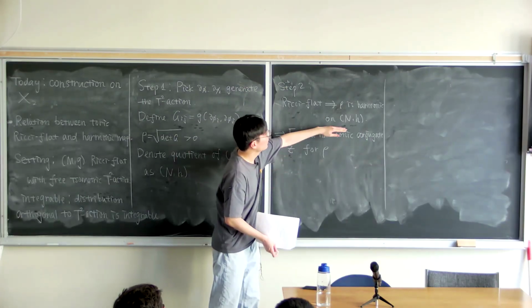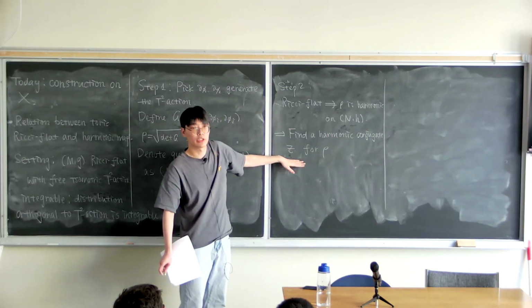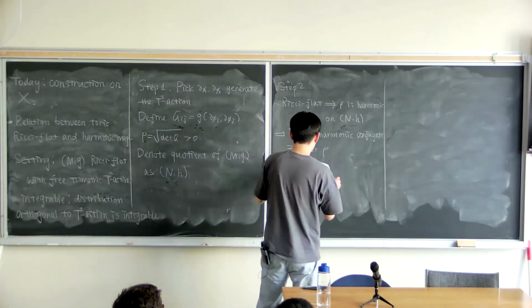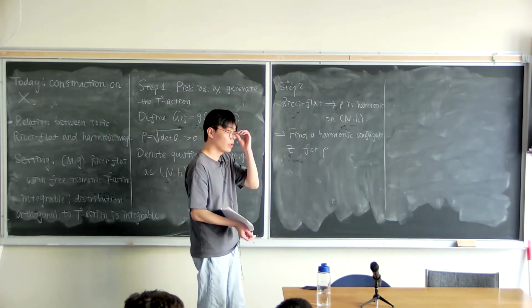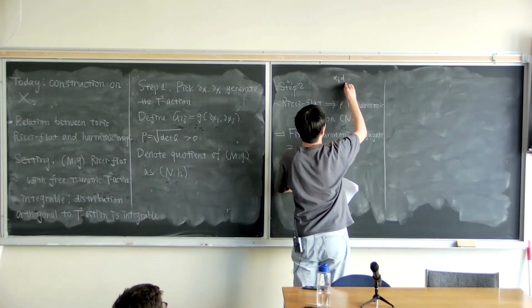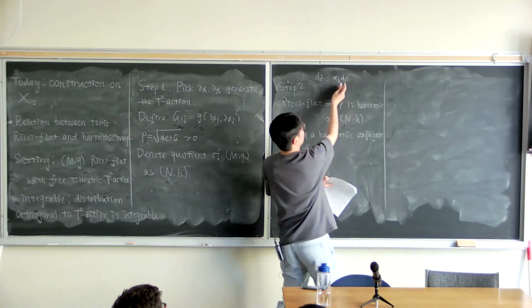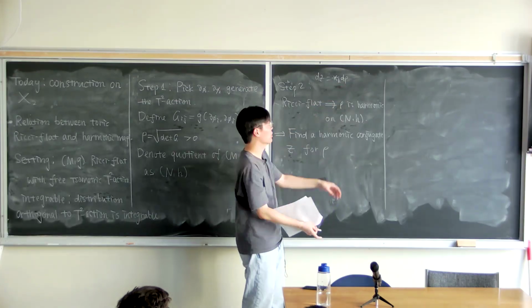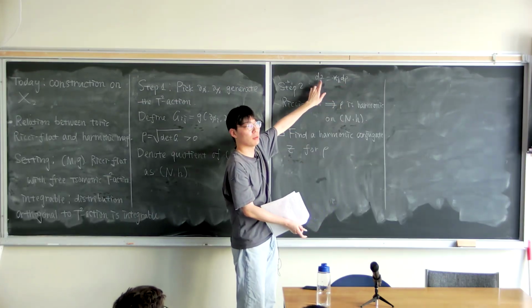If you put this rho and z together, then you get isothermal coordinates for the 2-dimensional base. If you're not familiar with the notation, you can look for a function z such that dz is closed. Because rho is a harmonic function, of course it's closed, and we are in the local setting, so you can find z. That's the harmonic conjugate.